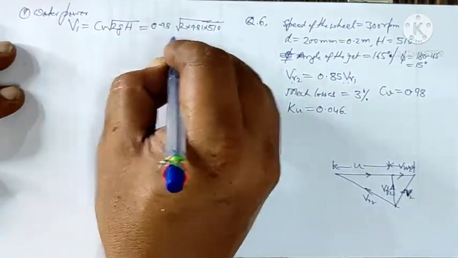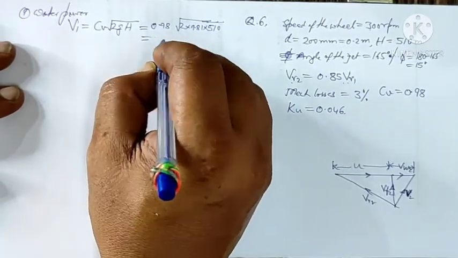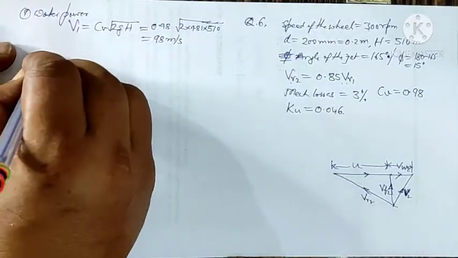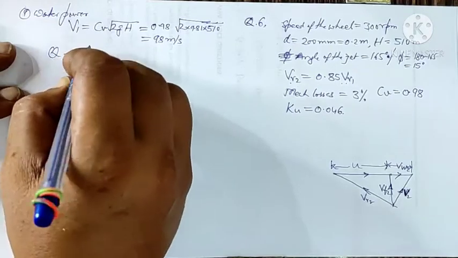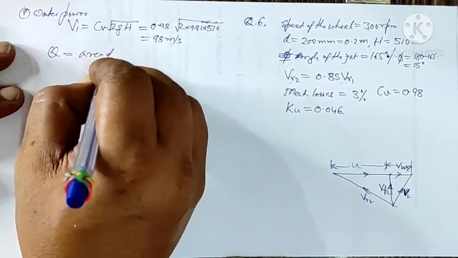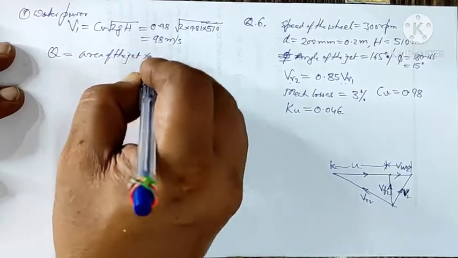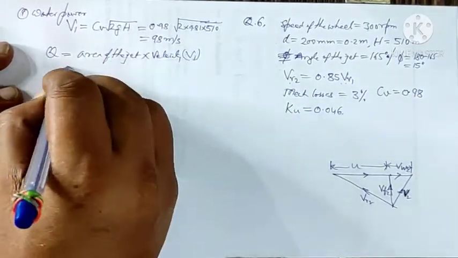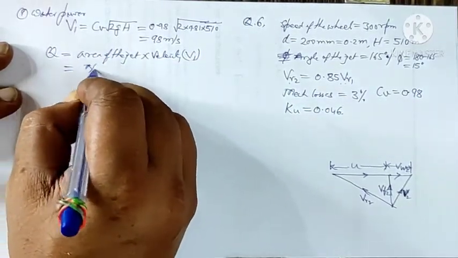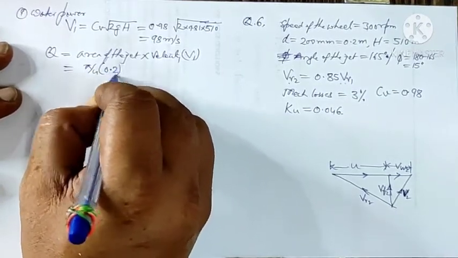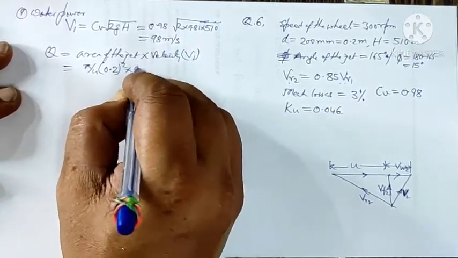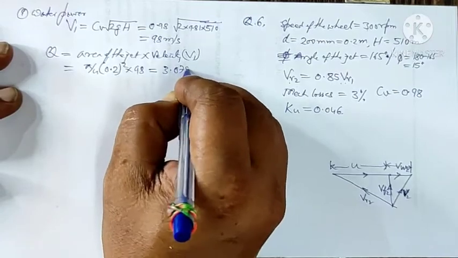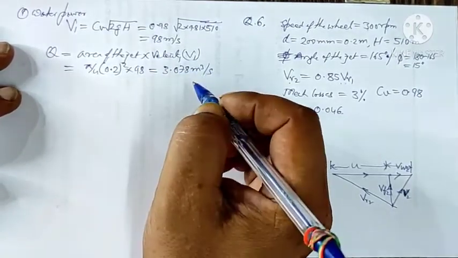So the velocity comes out to be 98 meter per second. The discharge through the Pelton wheel will be given as the area of the jet multiplied by the velocity of the jet, that is V1. So area is π/4 d², with d as 0.2 meter, multiplied by 98. So the discharge comes out to be 3.078 meter cube per second.